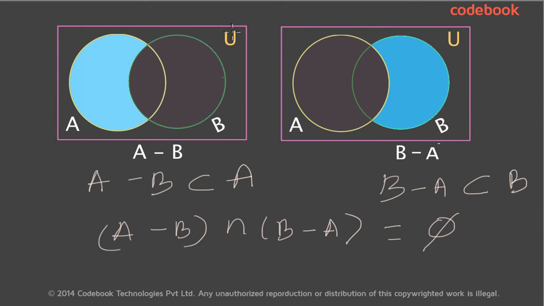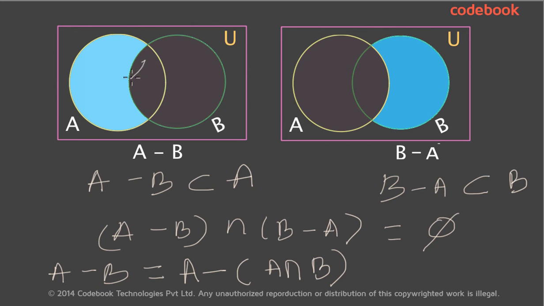And also if you observe closely, A minus B is nothing but the whole set A, right? And you take out the common area between A and B, and the common area between A and B, you know, is A intersection B. So essentially A minus B is equal to A, the whole set, minus A intersection B, right?